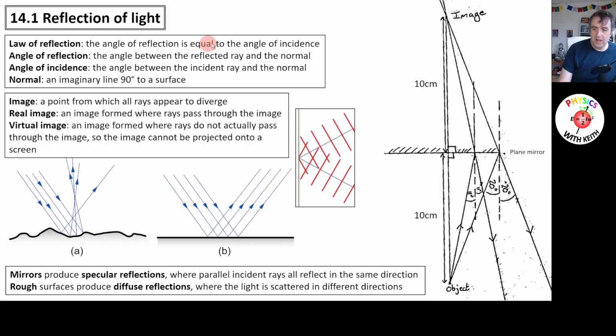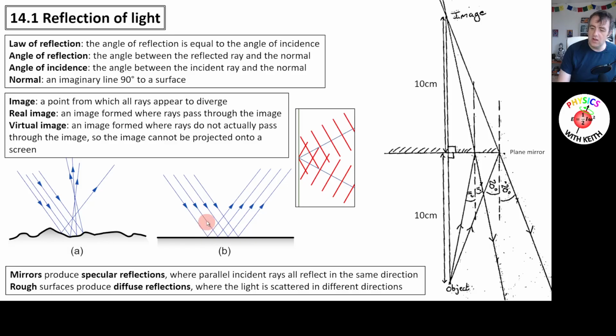Now, the law of reflection, this one here, for specular reflections, the angle of reflection is equal to the angle of incidence. And that is what we can see in diagram B here, as the ray of light is incident upon the mirror surface, the reflecting surface.